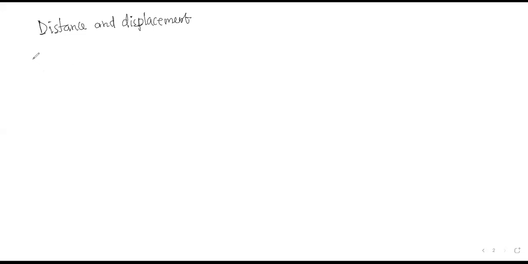So then what is displacement? Gideon. Displacement is distance in a specific direction. Yes. So displacement is the distance moved in a straight line from the starting point to final position. Once you are talking about position, it means you are bringing direction.